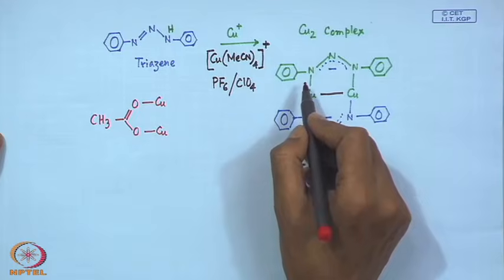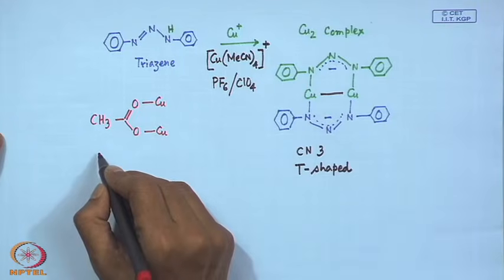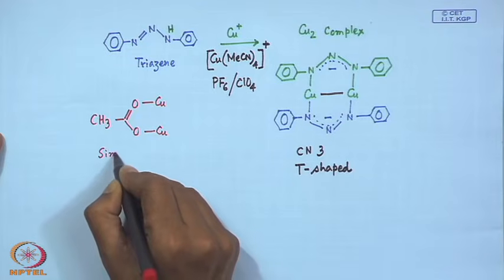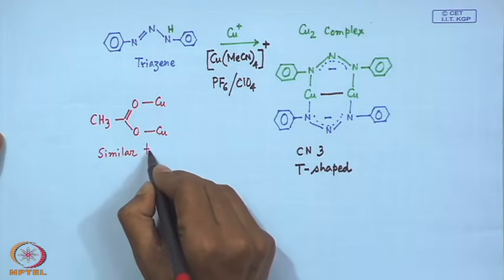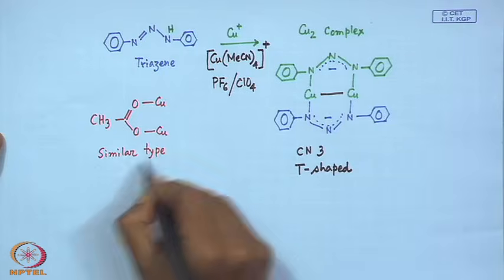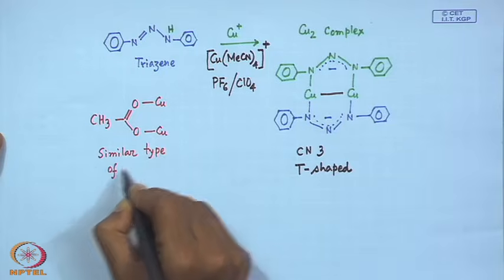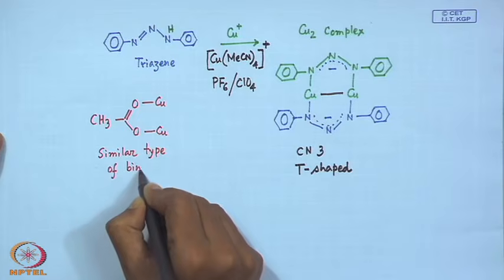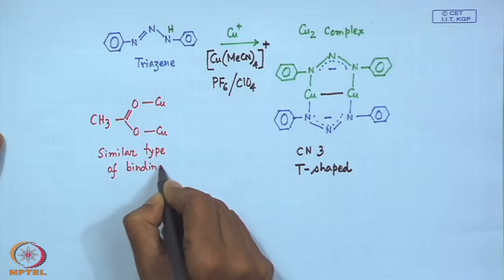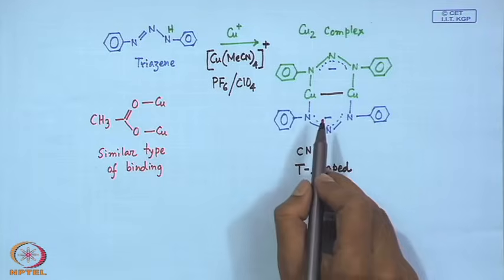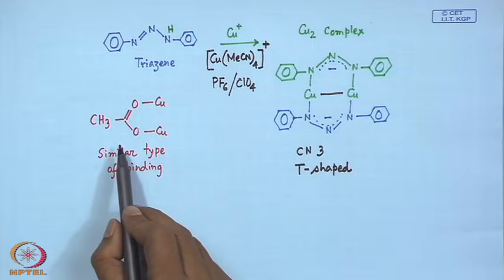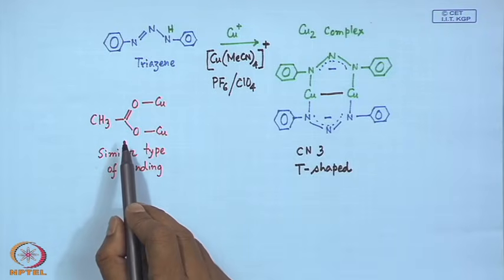So, the binding of these two is of similar type, which we are following with triazine and also with the acetate anion.